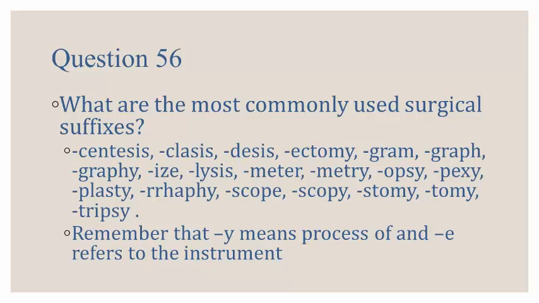And again, remember that Y means process of. So graphy is the process of recording. Metry is the process of measuring. Scopy is the process of viewing. So please review your basic medical terminology 1.